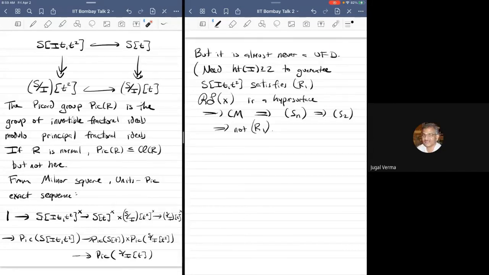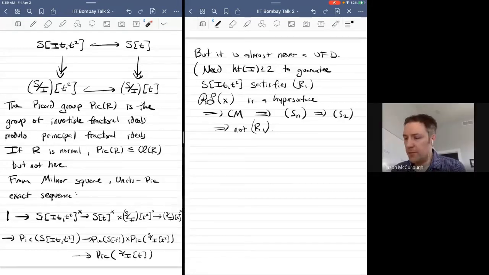So the Rees-like algebra is very rarely Cohen-Macaulay. Correct. What about its Buchsbaum property or generalized Cohen-Macaulay property when the base ring is actually a local ring? We did not study the Buchsbaum property, so I don't know an answer for you.